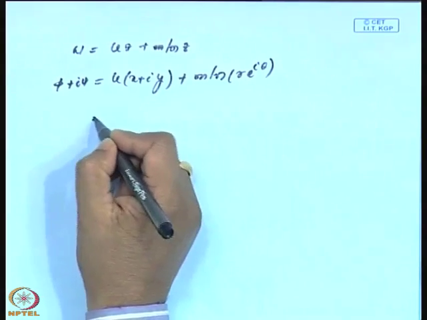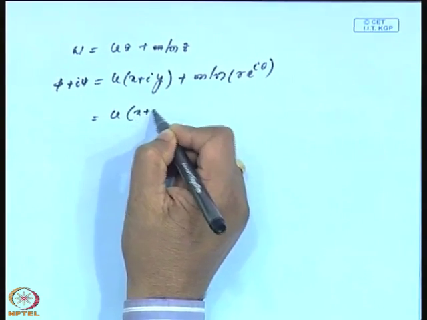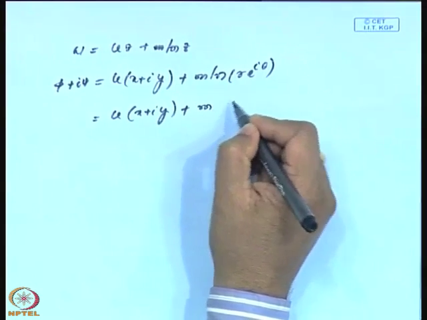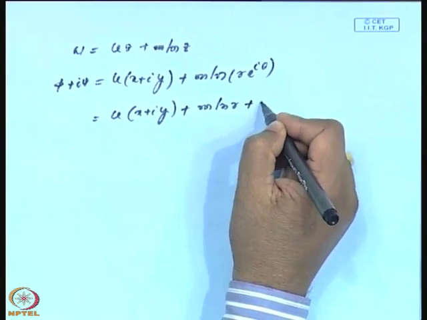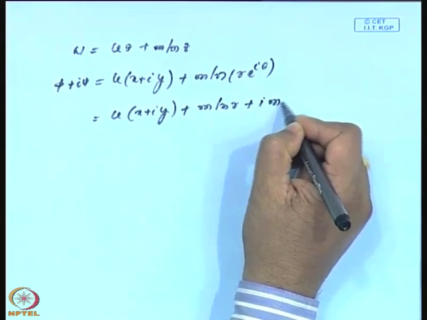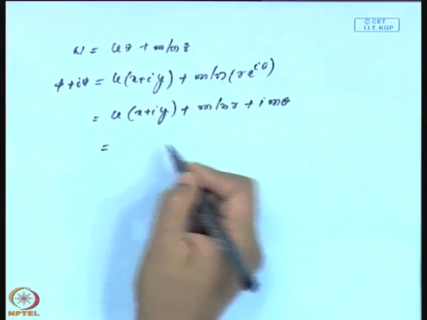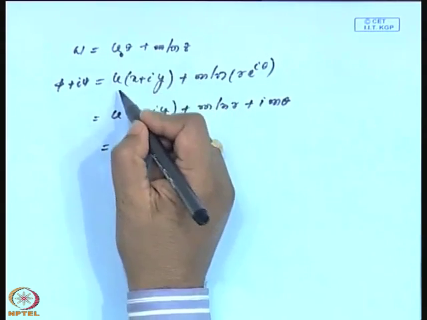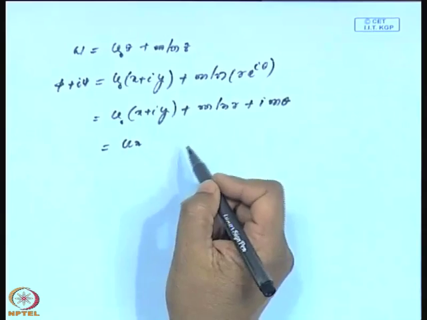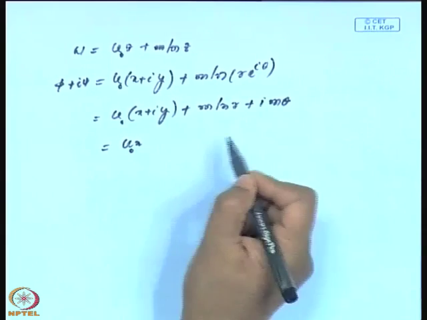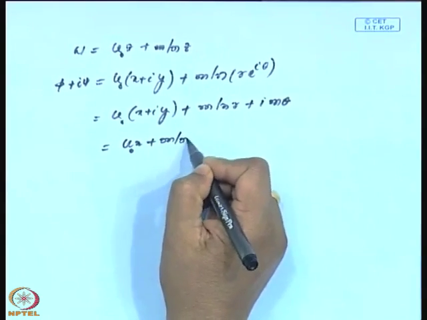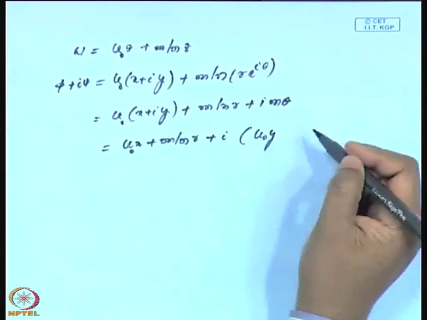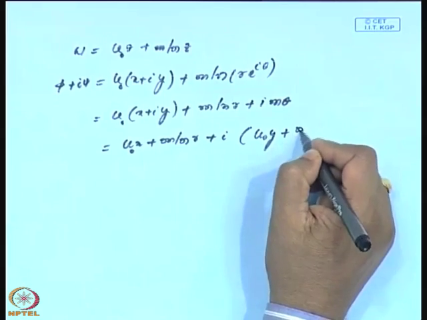If we put it, u times x plus i y plus m log r plus i m theta, which you can write as u naught x plus m log r plus i times u naught y plus m theta.